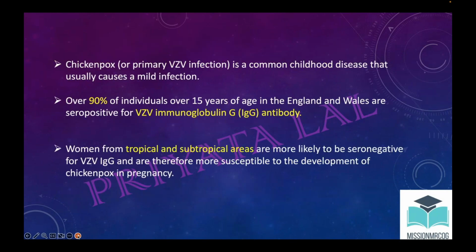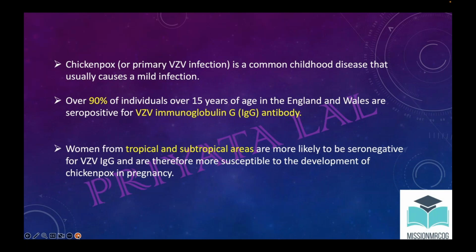Now, it is a common childhood disease. In childhood, it causes a milder form of infection. If it occurs in adults or pregnant women, then it would be a serious infection. In the UK, more than 90% of people over 15 years of age would already have immunity.